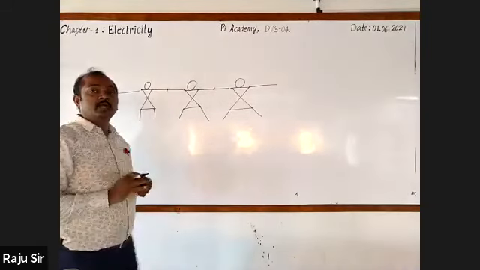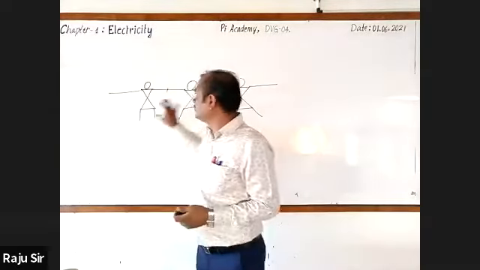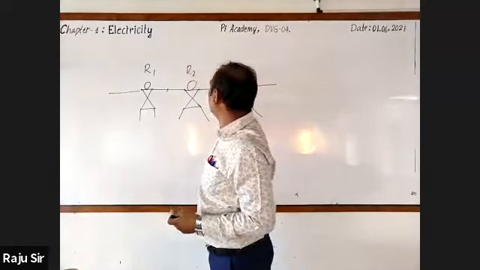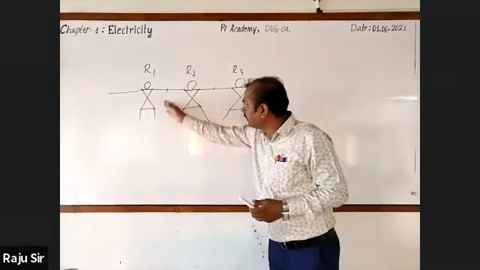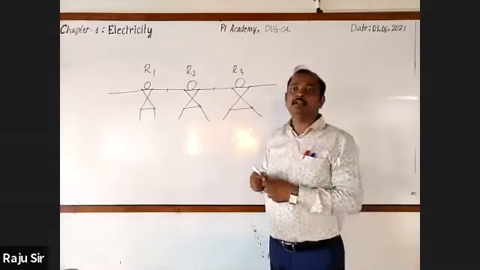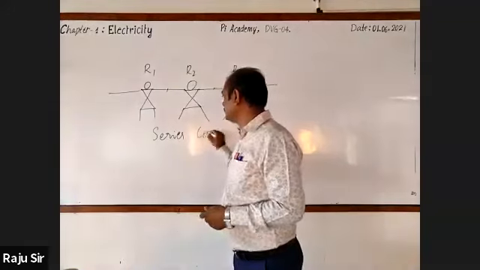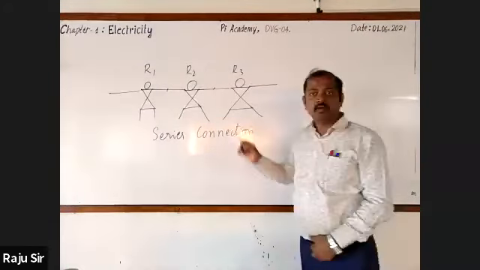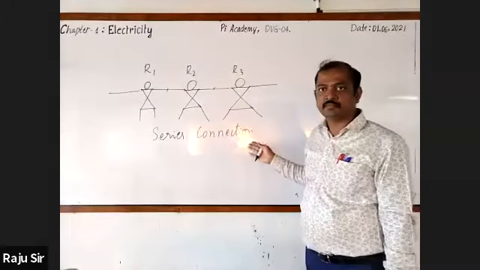This is one way of arrangement. If you consider these students as resistors, I call them R1, R2, and R3. Whatever the connection is like this, this connection is known as series connection. Understood?